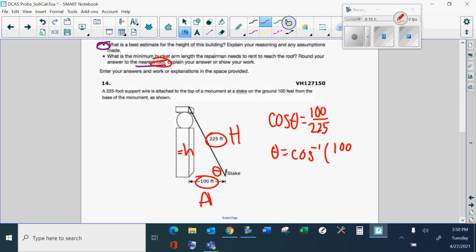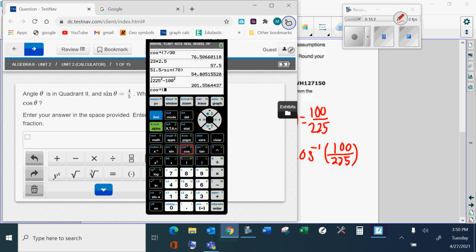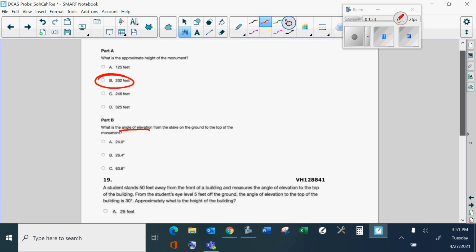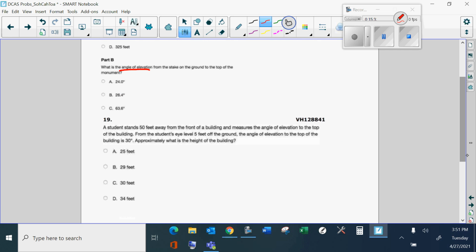And now I just plug it into the graphing calculator. Inverse cosine of 100 divided by 225. 63.6. What did it tell me to round to? There's that 63.6 right there.